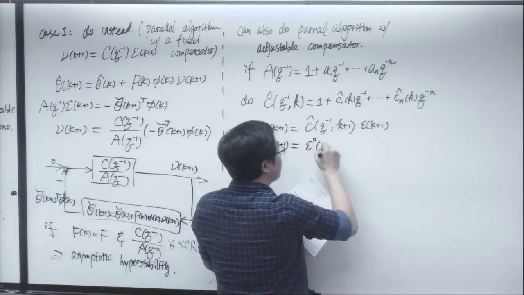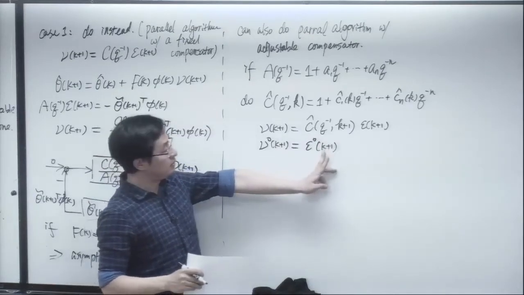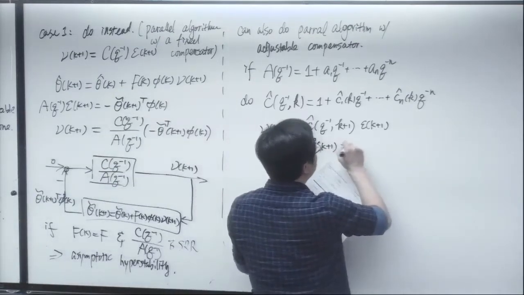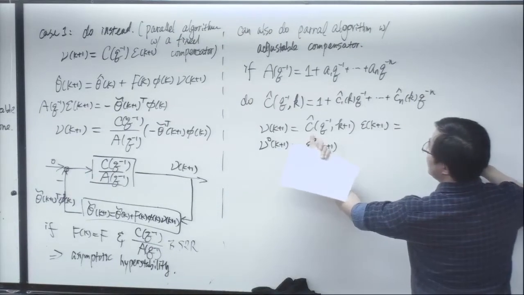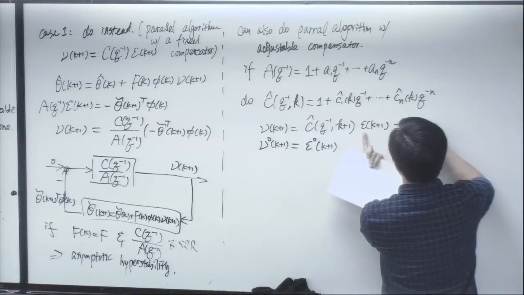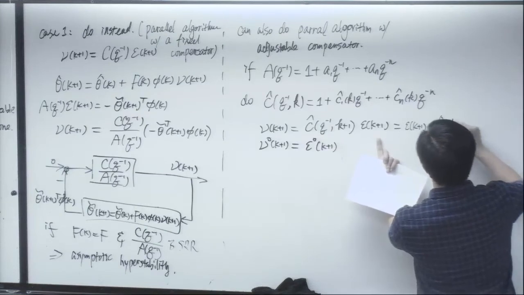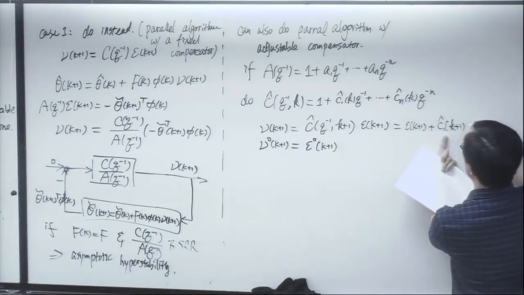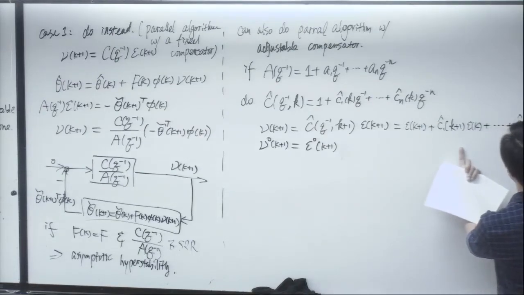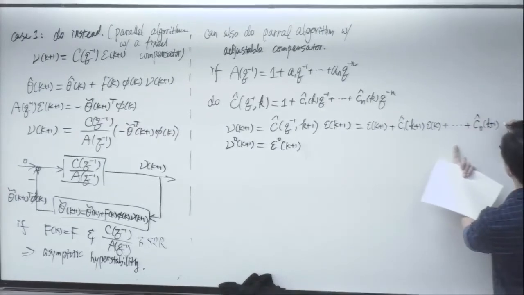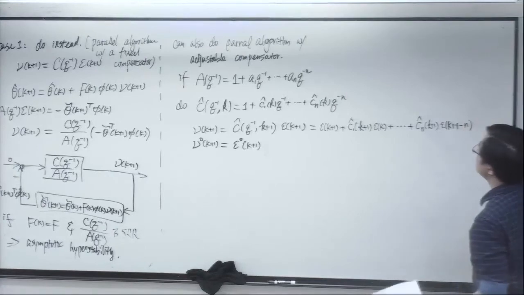Use the a priori signal of the estimation error, adaptation error. Let me write it slightly more carefully. So nu k is c hat epsilon. So that's epsilon k plus 1 plus c1 hat k plus 1 epsilon k, plus all the way to cn hat epsilon k plus 1 minus n.